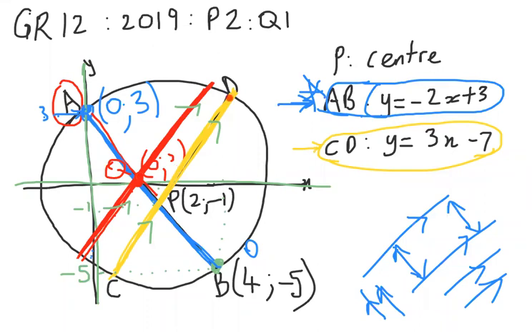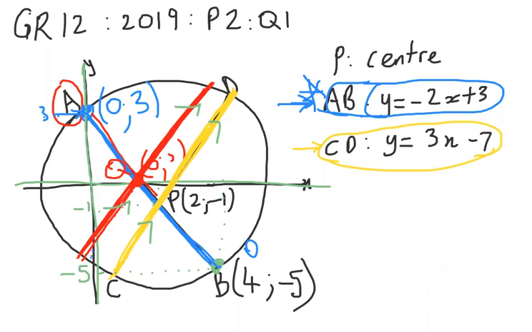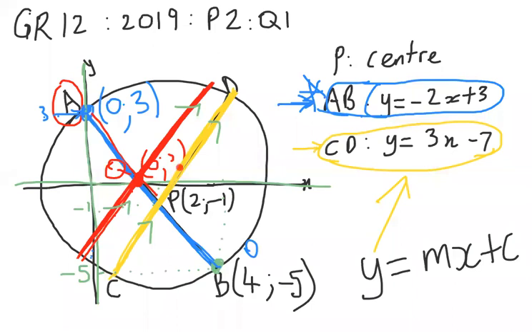So what is our approach? How I'm going to approach this is, we have CD, the yellow. And if they want an equation of a line, we're going to end with y equals mx plus c. So let's work with that and see what we have. Let's first talk about it. We have the yellow line, but any line that is parallel to a line has got the same gradient.